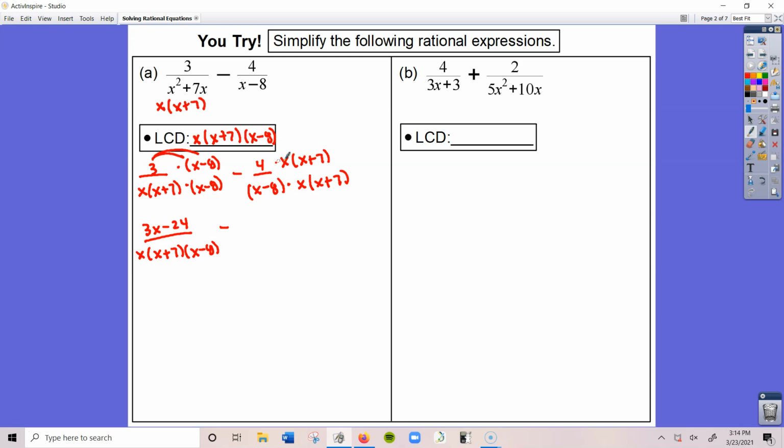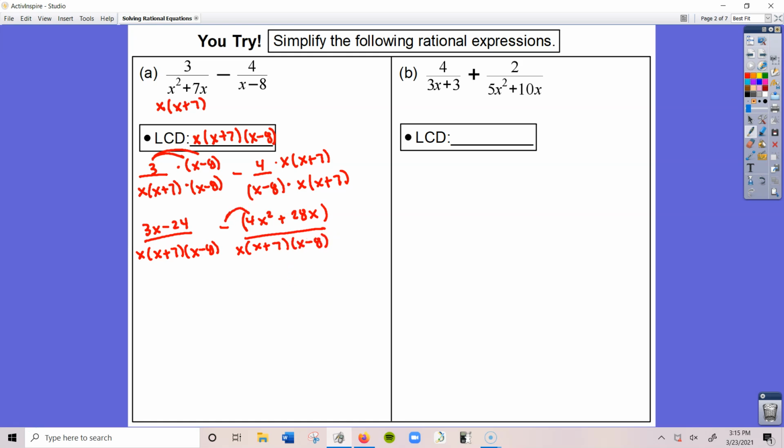So 4 times x is 4x, and 4x times x is 4x squared plus 4x times 7 is 28x, all over x times x plus 7 times x minus 8.